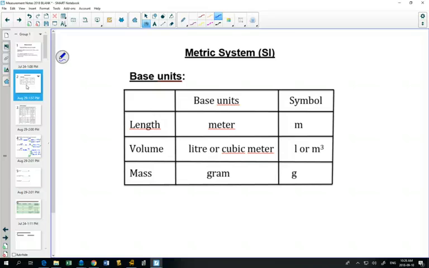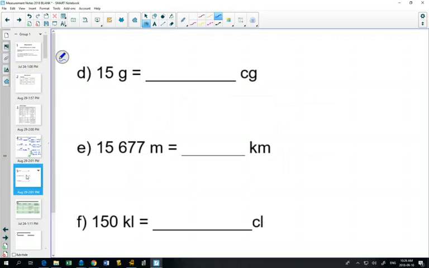And you're most used to converting between meters and millimeters and centimeters and kilometers. And so, on a question like this, where you have 15 grams equals how many centigrams, you can kind of think in meters. What's the relationship between centimeters and meters? And it will be the same as the relationship between centigrams and grams.